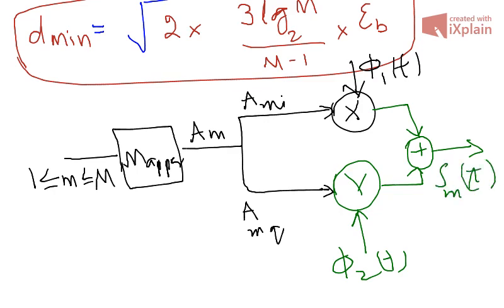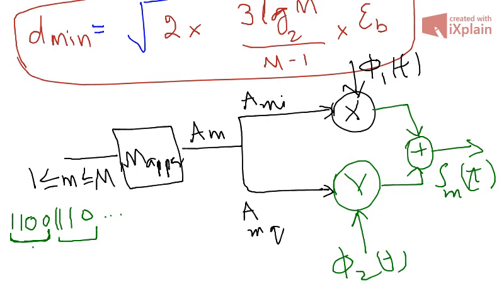So your modulator block diagram is very simple. You just need a mapper, and you are always having bits, and you just group these bits for M equals 16. Suppose we are having M equals 16, so we will group it in 4-bit groups.